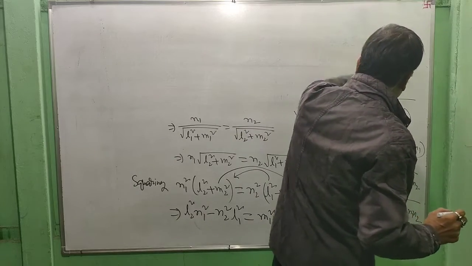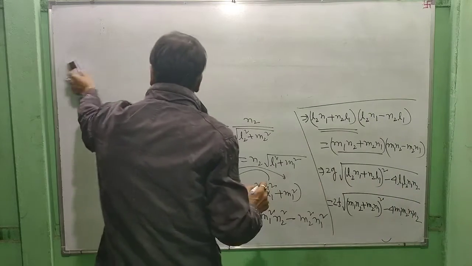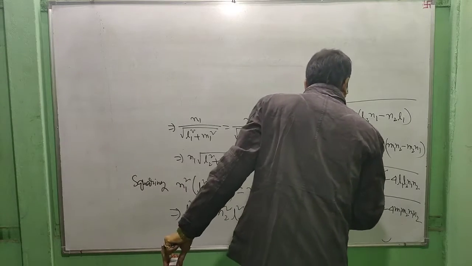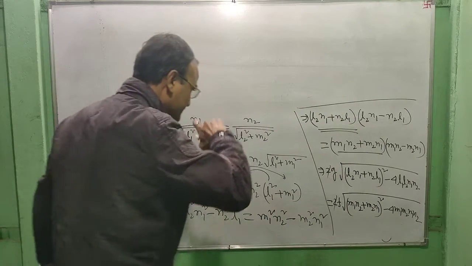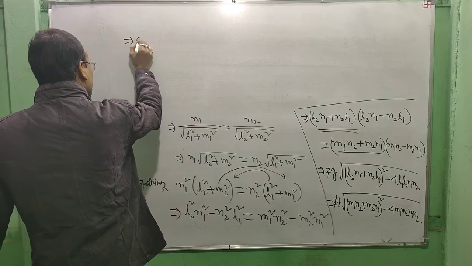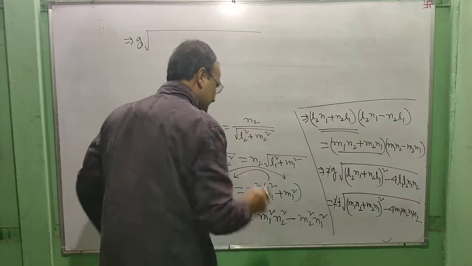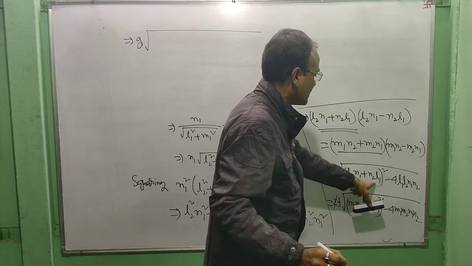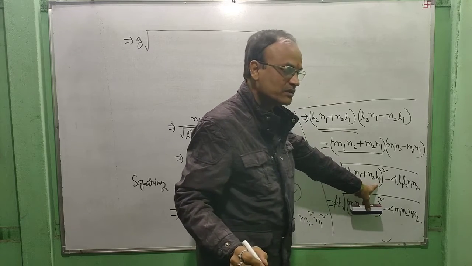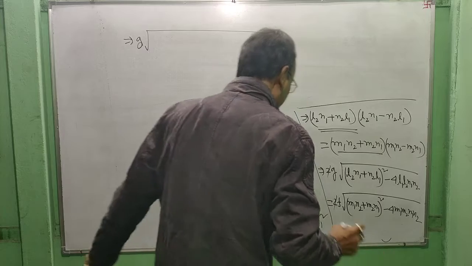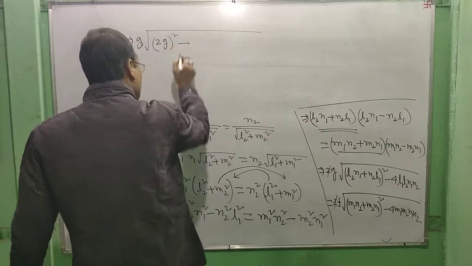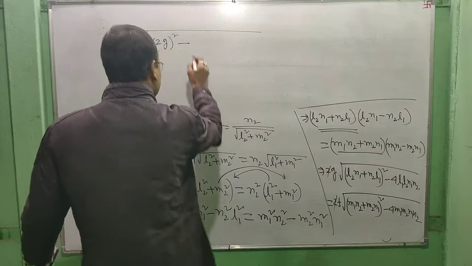First, 2 from both sides will be cancelled. This means z into root of r, L2 L1 plus N2 L1. What is this? This is equal to twice z whole square minus 4ac.